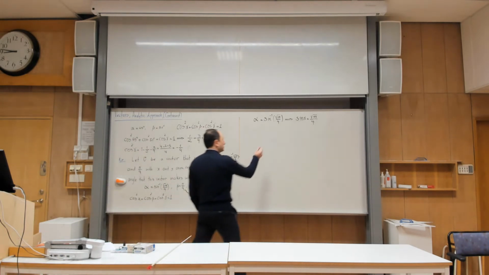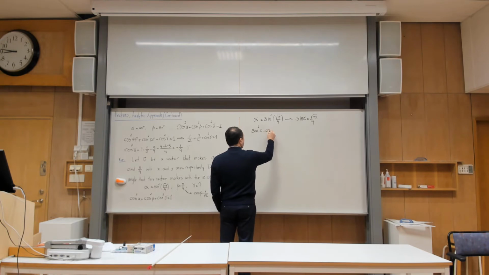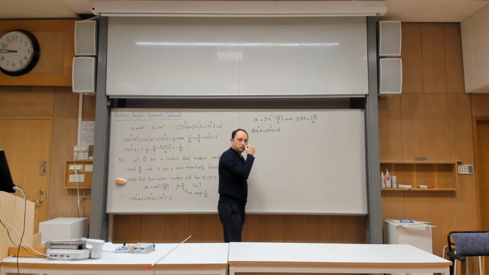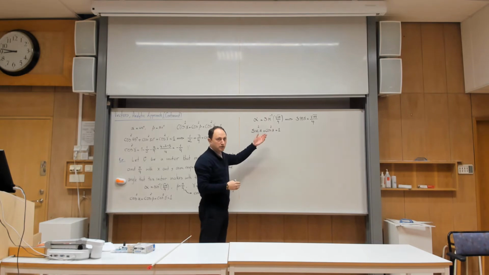Because you have a formula, hopefully a very famous one: sine alpha squared plus cosine alpha squared is equal to 1. Now, I don't need to know alpha, but I know sine alpha, and that is enough for me to find cosine squared alpha, yes?